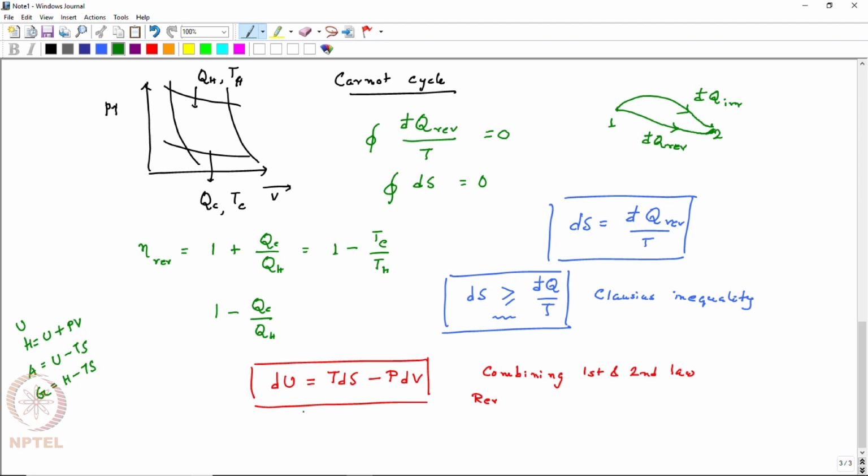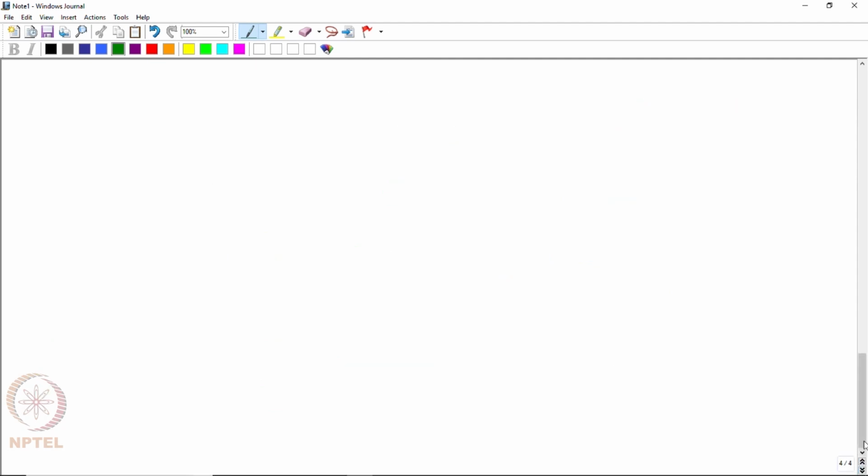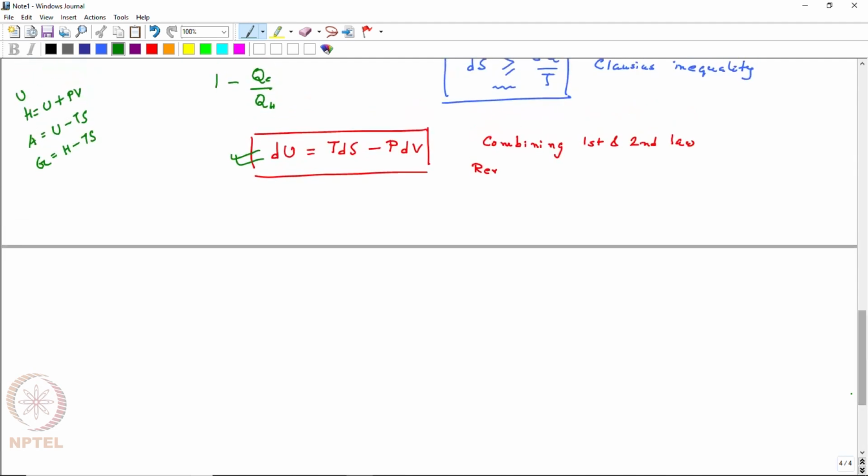Starting from this fundamental equation, dU is TdS minus PdV, we can derive many other interesting relations.